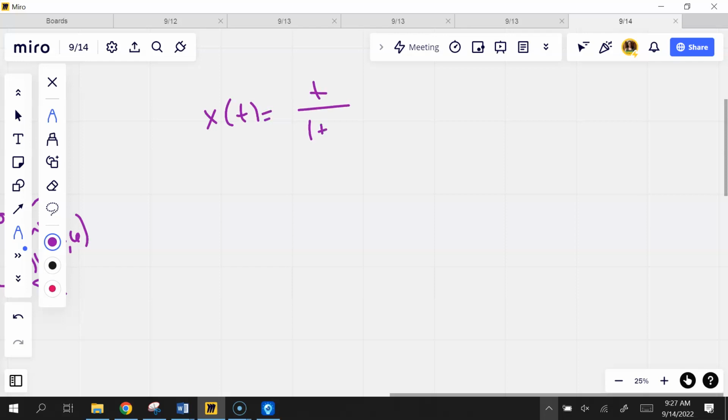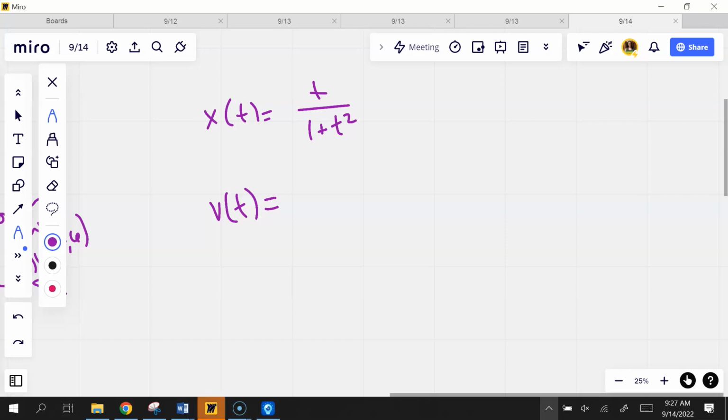T over 1 plus t squared. So velocity here, because x of t is my position, velocity is going to be the derivative of this. I would split this into 2 fractions. Nope, you can't split this. Okay, we don't have any choice but to do quotient, right?